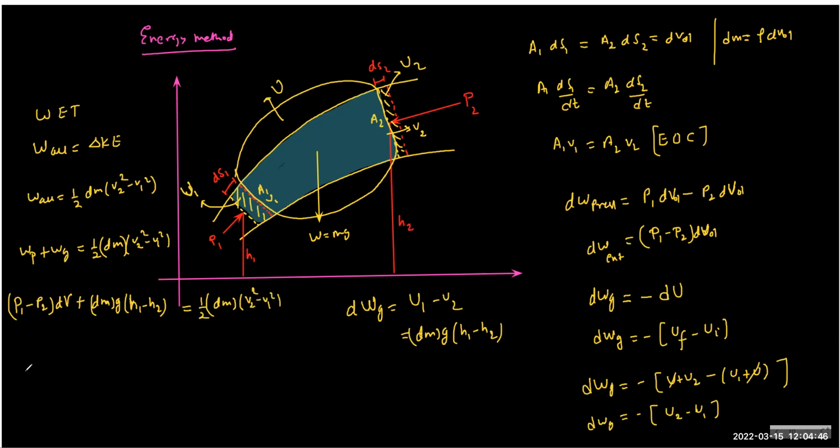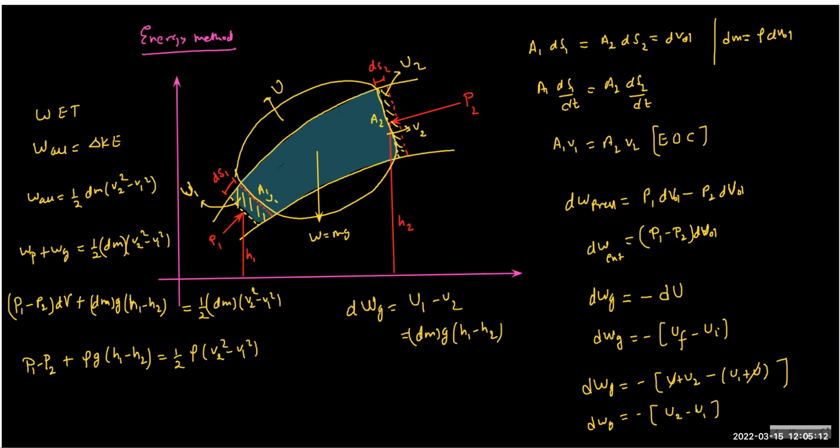If you divide by volume on both sides, you will get P1 minus P2. Mass per volume is called density. What you can realize is that this fluid chapter is again the laws of motion in a different symbolic notation.